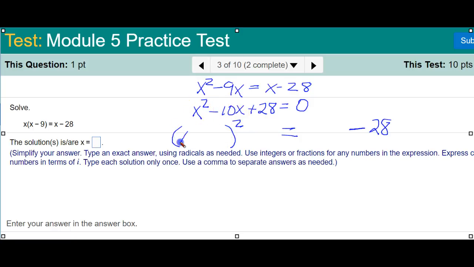So this x goes there. We take half of our b term as a negative 5. And now we get our new c term up here.